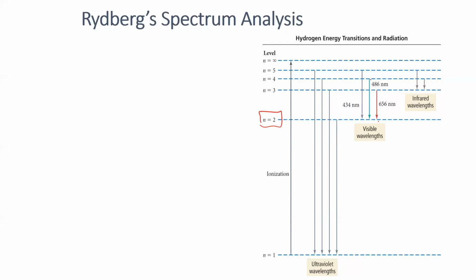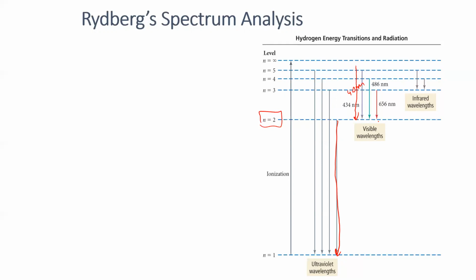Then we went from 4 to 2, and then 5 to 2. They're actually missing 6, but there is a 6 to 2, which was the 410 nanometers. All of these fall within the visible spectrum. However, if it was to fall all the way down to the first energy level where it belongs, the ground state, those emissions are higher in energy.